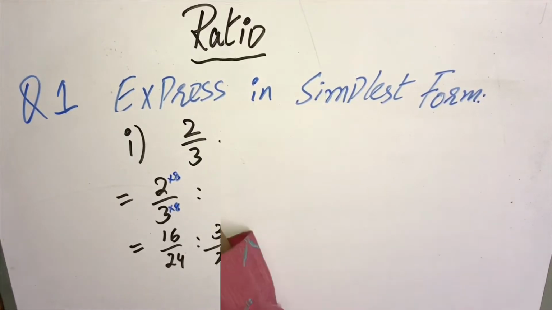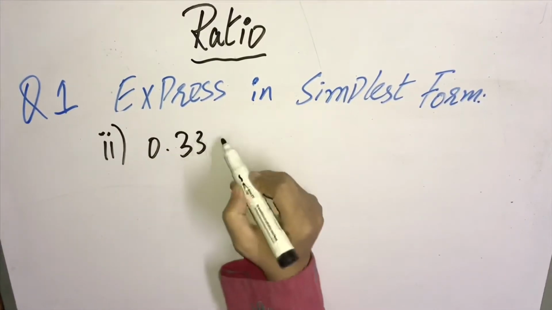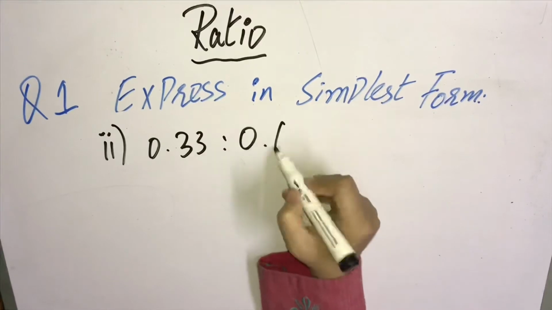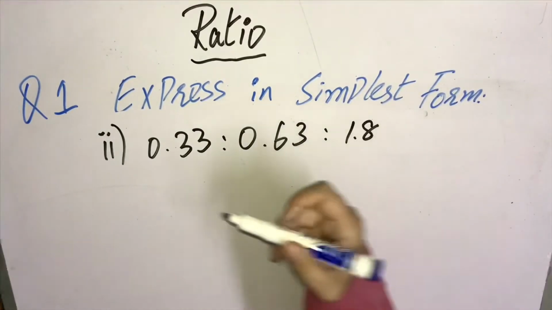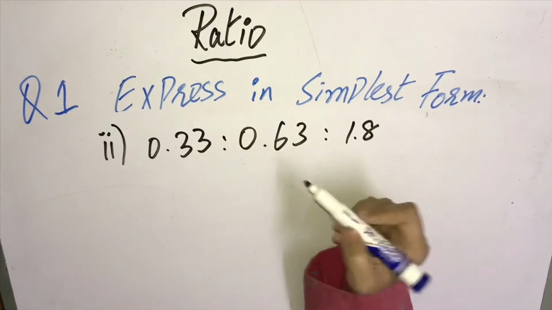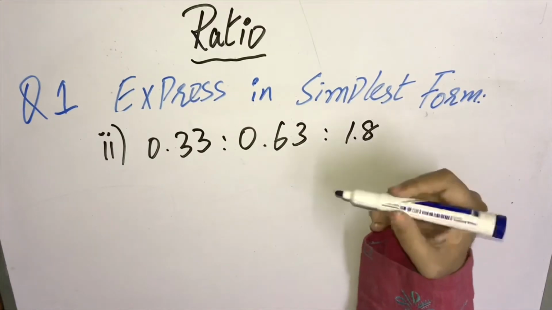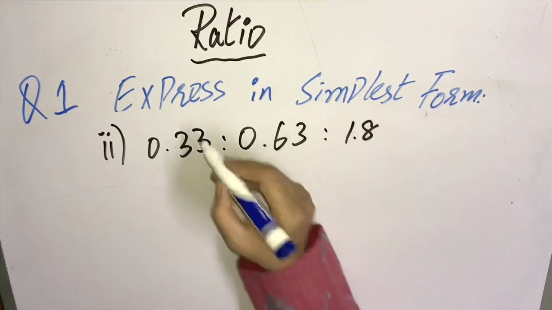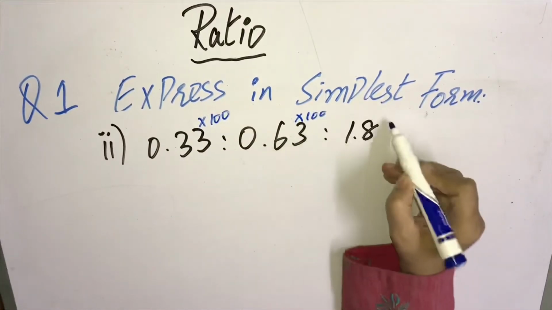The next example is 0.33 ratio 0.63 ratio 1.8. You can see two numbers have two places after the decimal and one has one number after the decimal. But when we convert them into whole numbers, we have to multiply all three with 100.